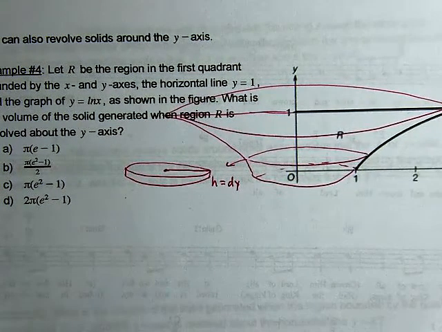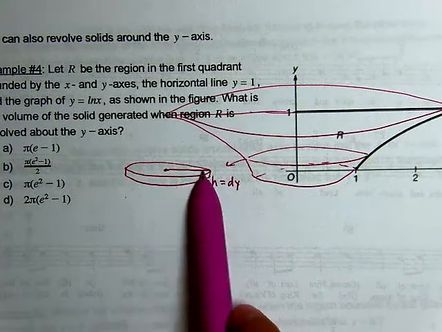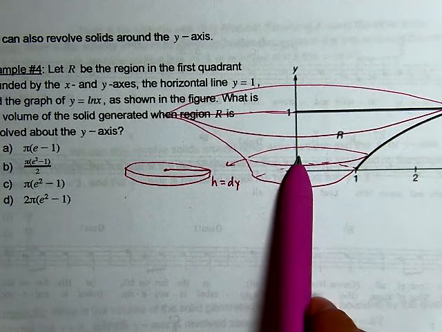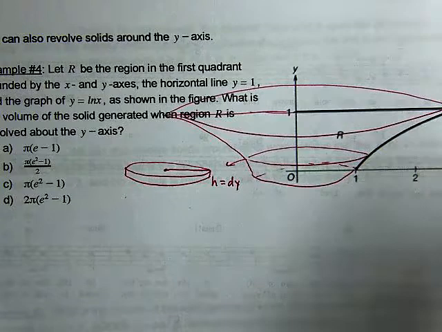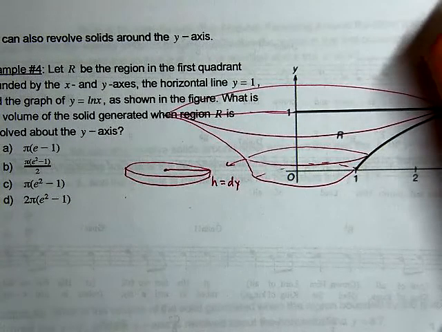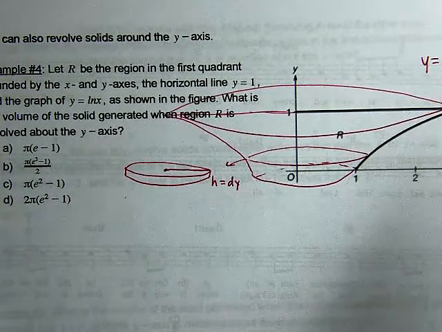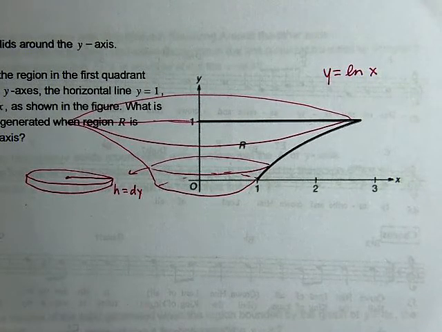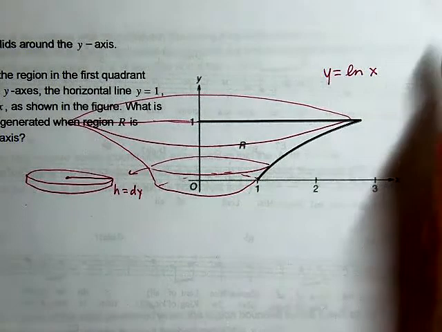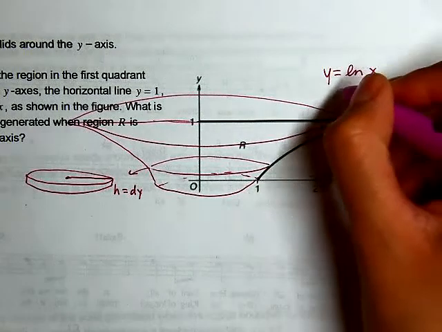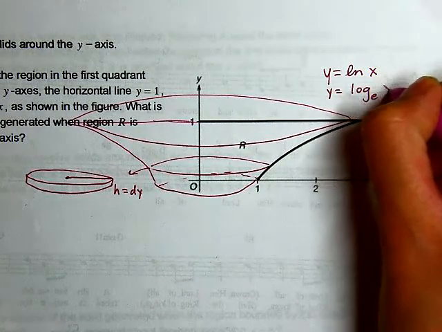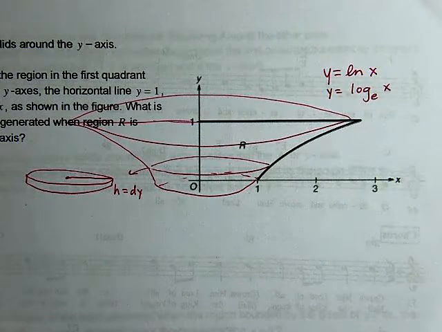And so we still have this radius here being from y to this curve. So this curve is y equals natural log of x, and we need it now solved for x. So we need it in terms of y, since our slices are horizontal. So just a little refresher, natural log is the same thing as log base e of x.